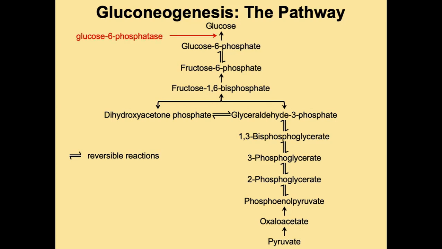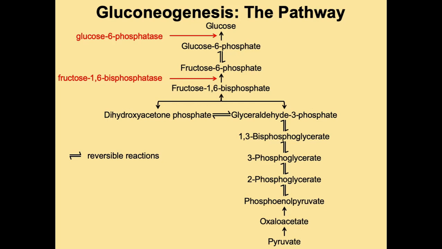And the key regulation point, the first one, is glucose 6-phosphatase, and remember that in glycolysis on the right hand side, this reverse reaction here is catalyzed by hexokinase. So what we're doing here is we're removing the phosphate from glucose 6-phosphate to produce glucose.